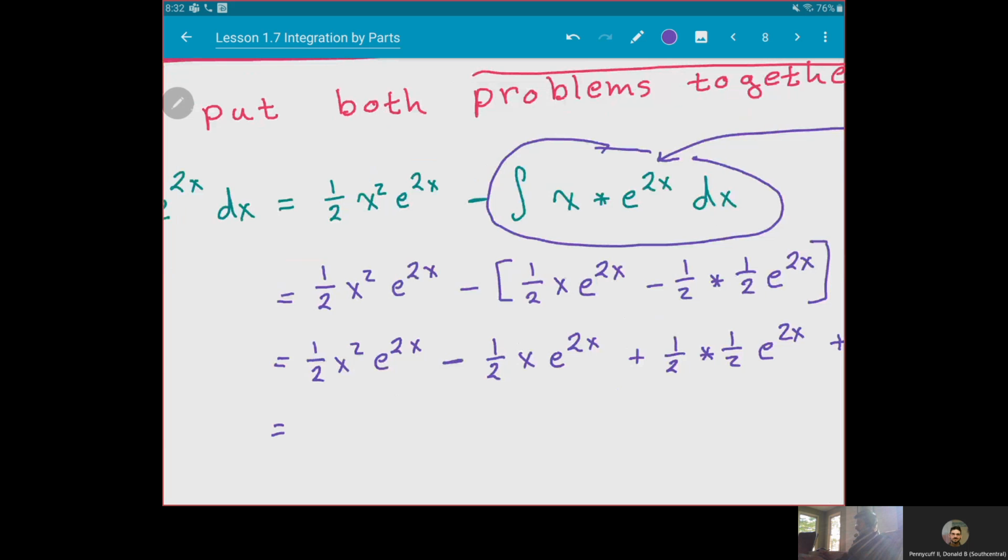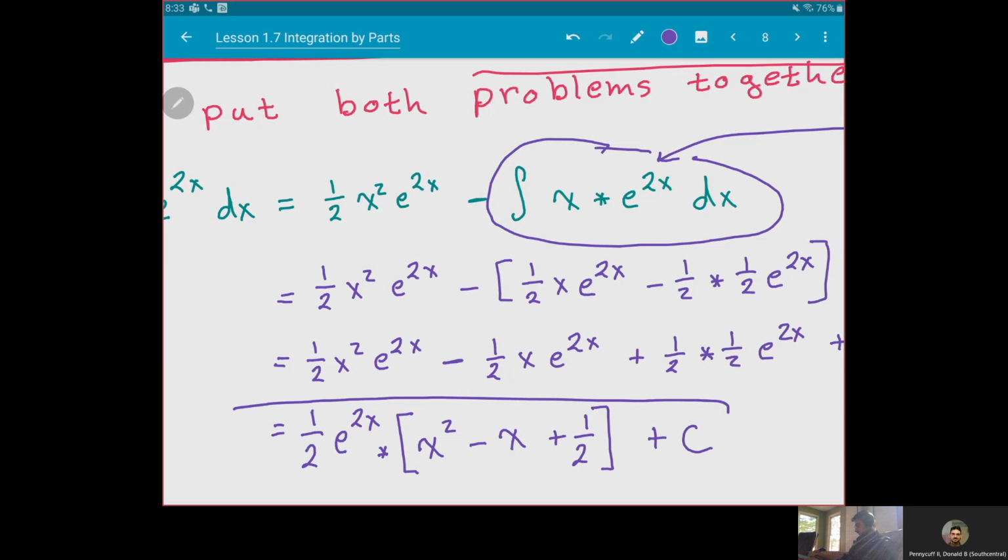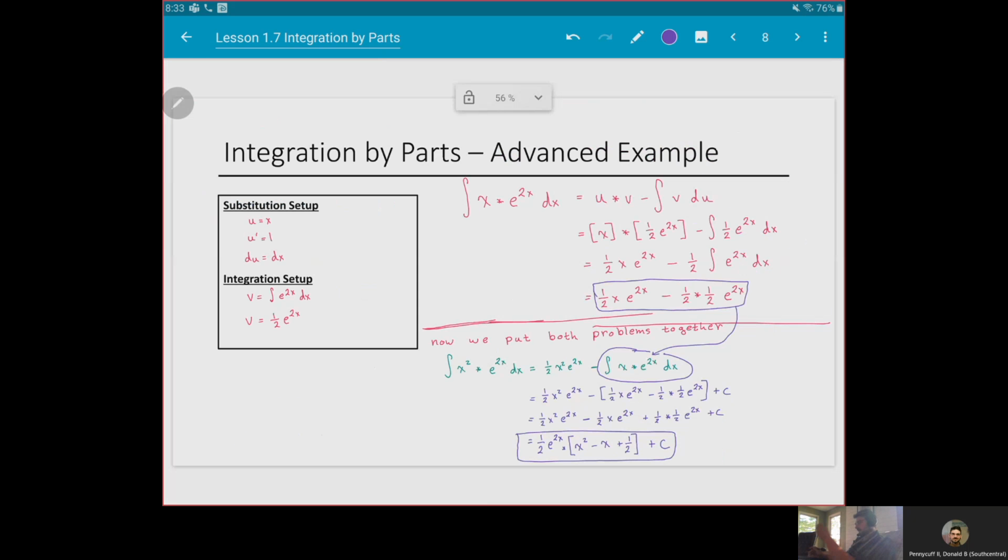So I can pull out a 1/2 and an e to the 2x. All right. And so there's the final answer.